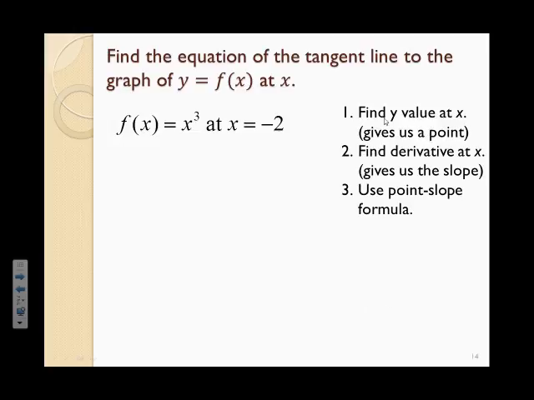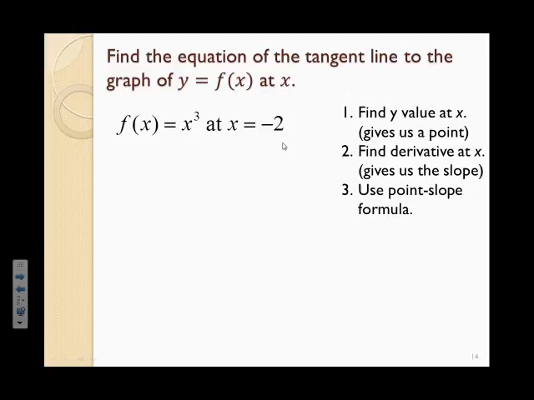In the original function, in this case the x cubed, we have a point. We know that it will go through x equals minus 2, and if we do an f of minus 2 in here, then we will find out what the y value is. So we have our x value already, and by doing that we get a y value.